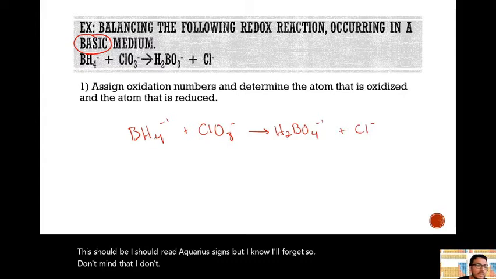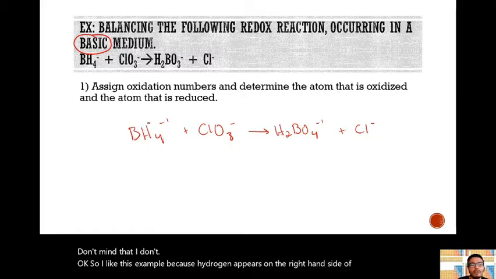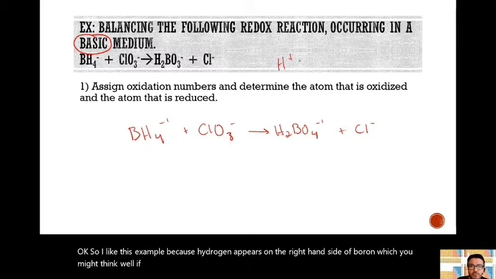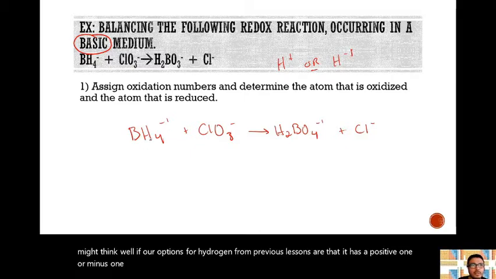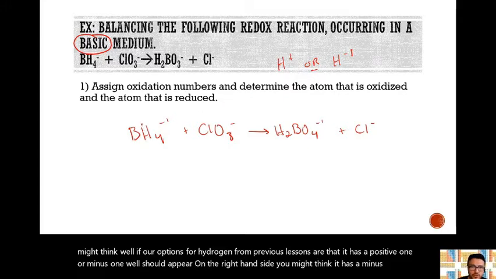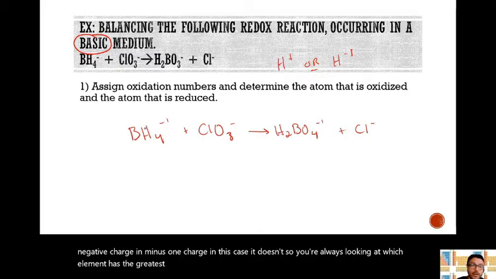Okay, so I like this example because hydrogen appears on the right-hand side of boron. If our options for hydrogen from our previous lessons are that it has a +1 or a -1, you might think that because it appears on the right-hand side, it has a negative charge, a -1 charge. In this case, it doesn't, so you're always looking at which element has the greatest electronegativity when you're comparing hydrogen to whatever it's attached to.